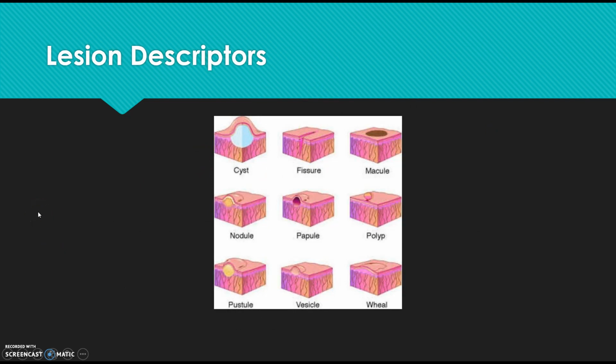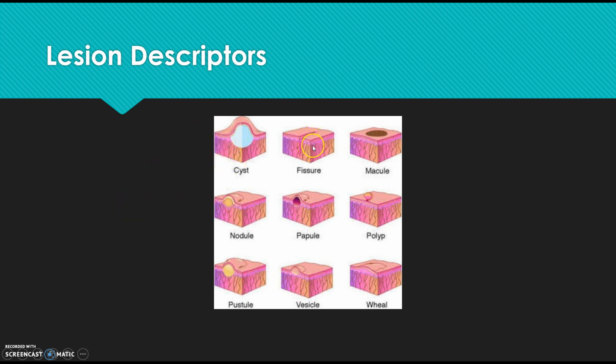Other descriptors for specific lesions: a cyst is a closed capsule, sac-like structure, usually filled with liquid or semi-solid material. They usually occur in almost any type of body tissue, and they can vary in size.